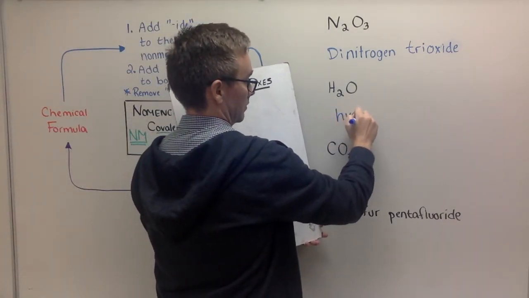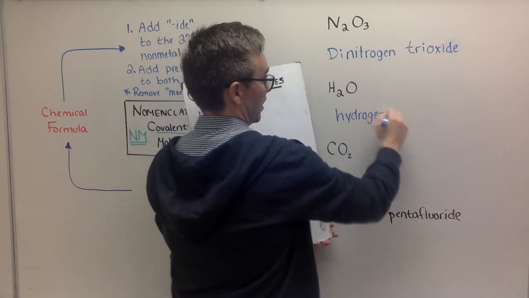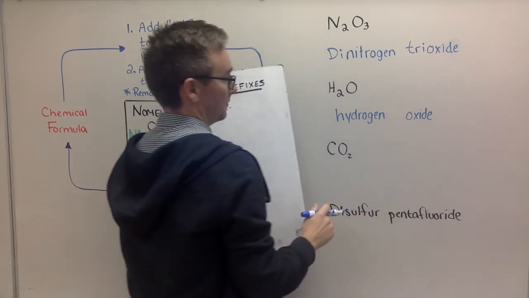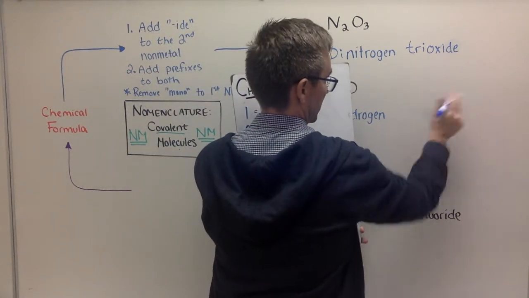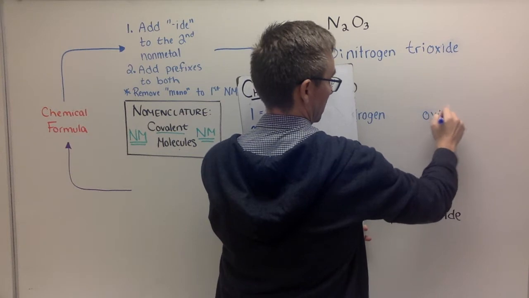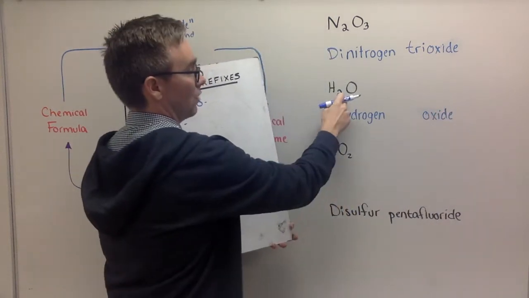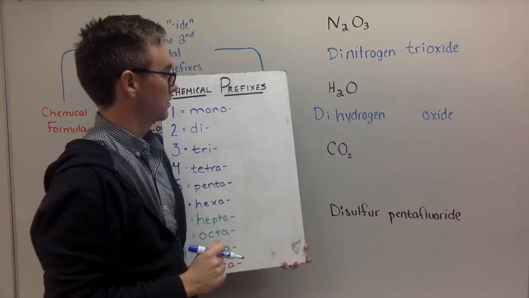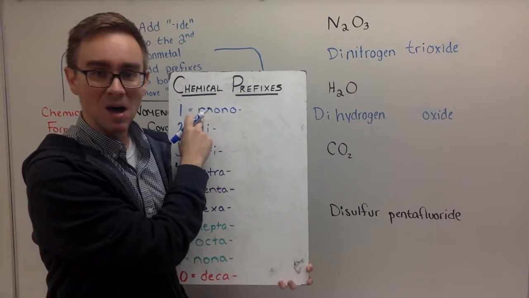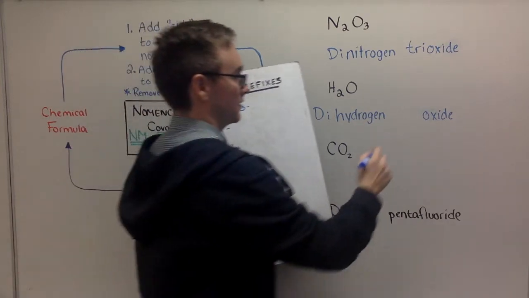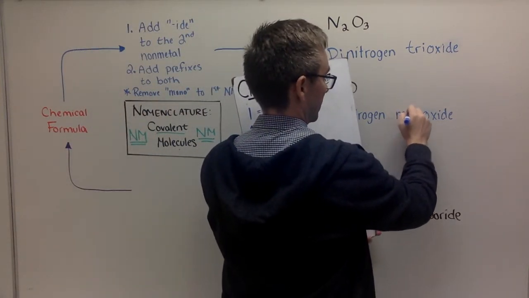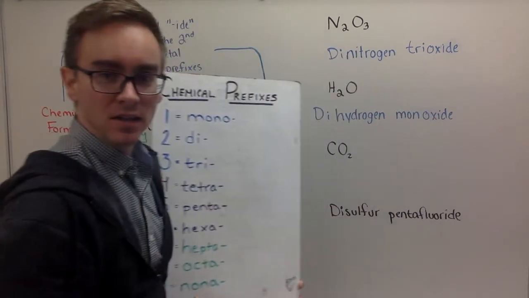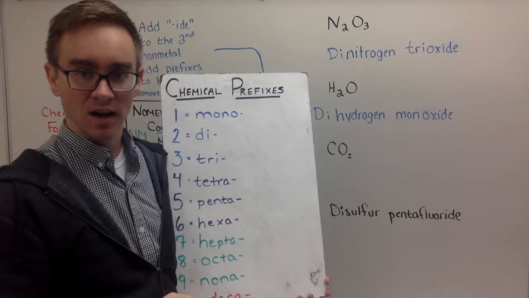We have hydrogen. Oxygen becomes oxide. I have 2 hydrogens, dihydrogen. The prefix is mono, monoxide. It wouldn't be 2 O's. We have dihydrogen monoxide.